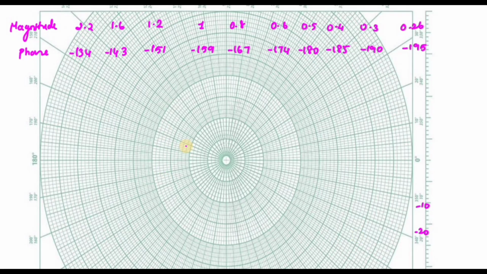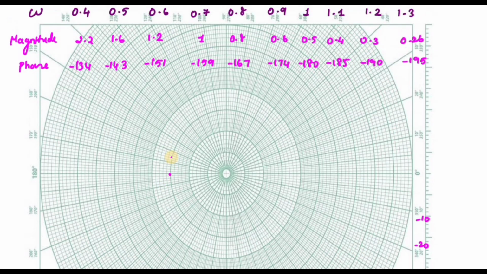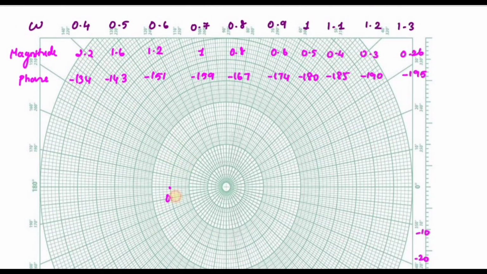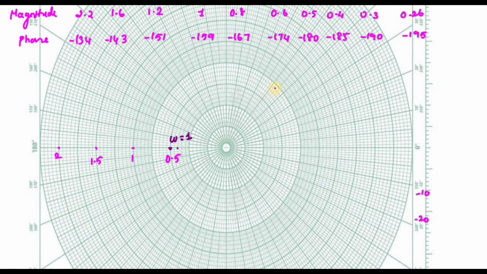So I'm going to fix the magnitude as 0.5, 1, 1.5 and 2, since it is ranging from 2.2 to 0.26. And next for 0.5 you can see the phase value is minus 180 degree. So first I'm going to fix that one. The magnitude is 0.5 and the phase is minus 180 degree.